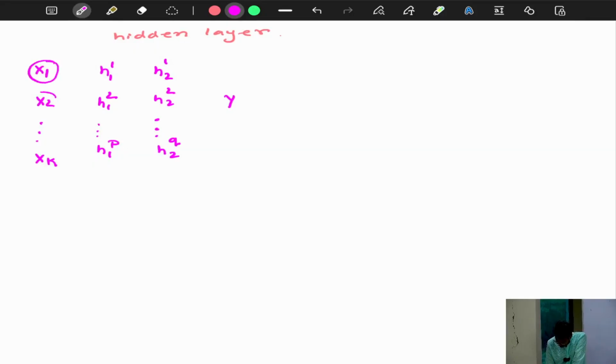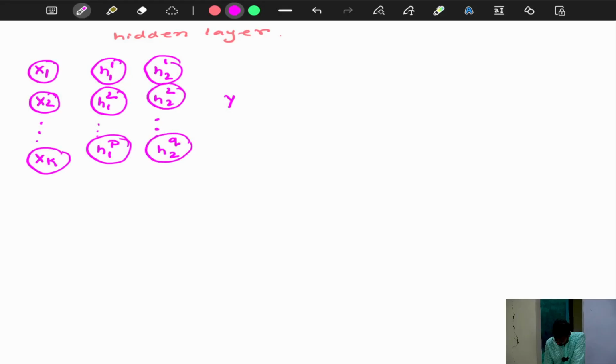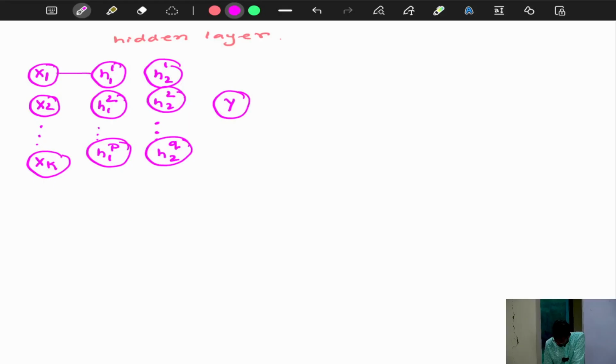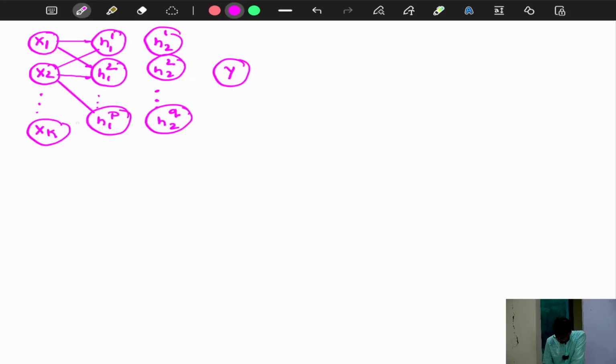And now, let us complete the diagram. So, basically you connect all the possible nodes.